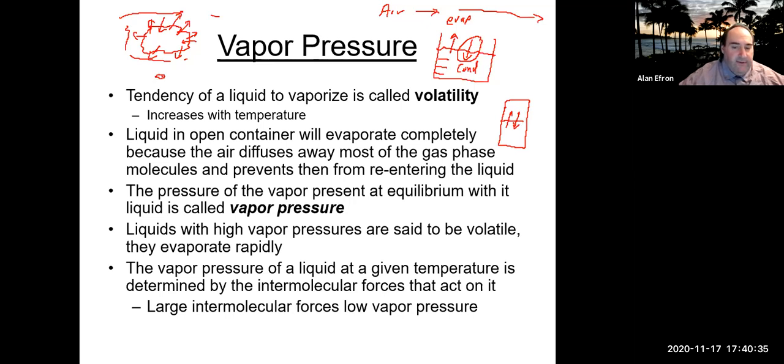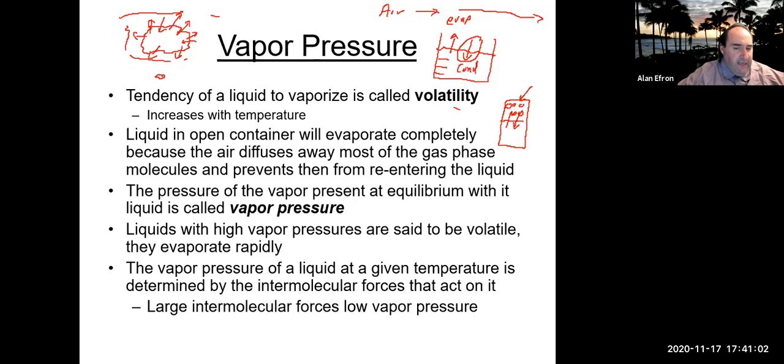And as it evaporates, it creates a number of gas molecules above the liquid. These gas molecules above the liquid cause pressure, and that's what we refer to as the vapor pressure of a liquid. It's a result of gas molecules that have formed above the liquid portion, and they're causing pressure.